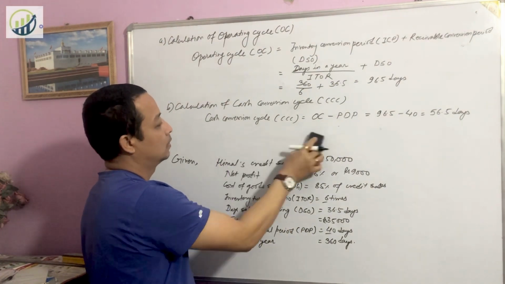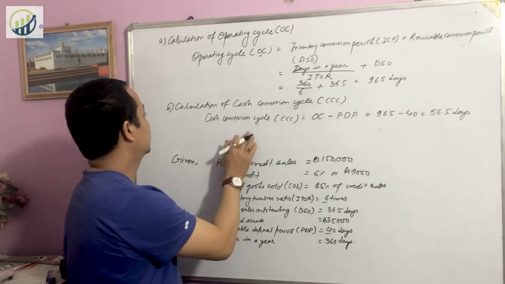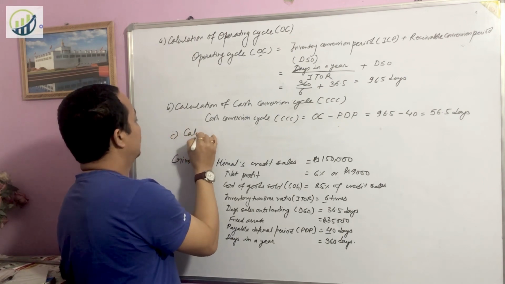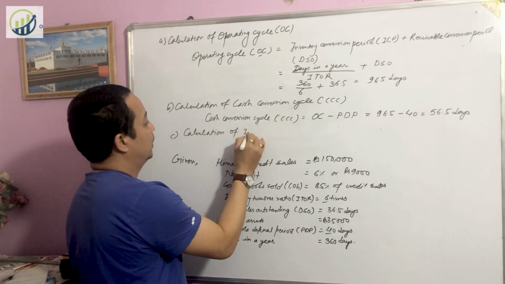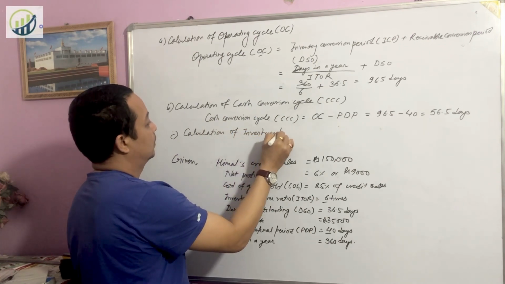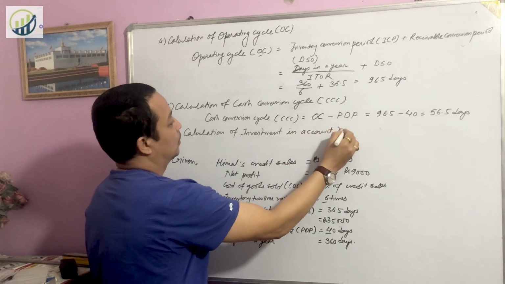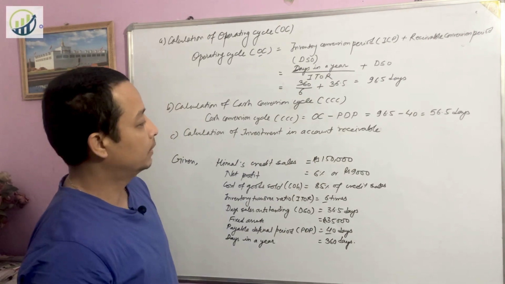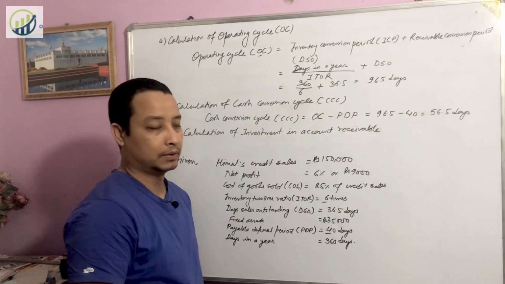Next you have to find the investment in account receivable. To find the investment in account receivable, you have to use days sales outstanding.